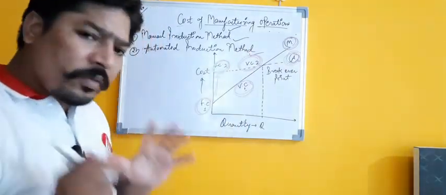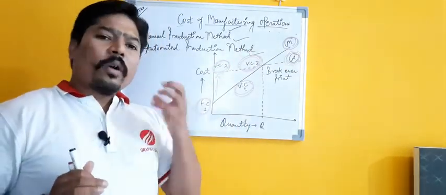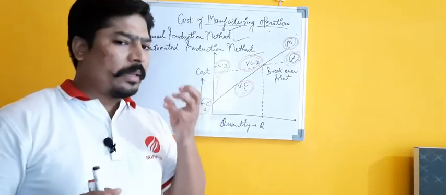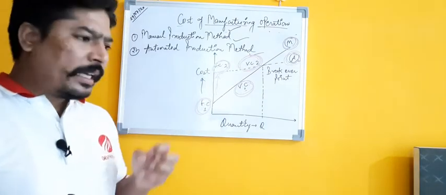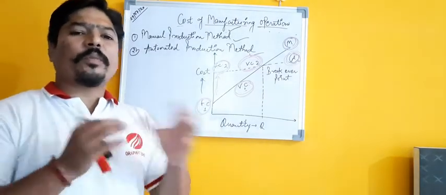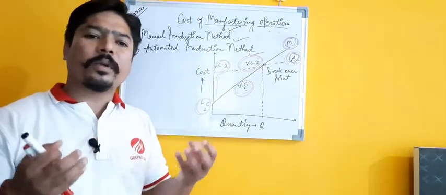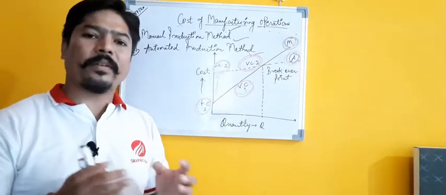So it is very clear that the cost associated with any component, part, or product in any manufacturing system completely depends upon the types of product, how many different types of product we are going to manufacture in that particular facility.